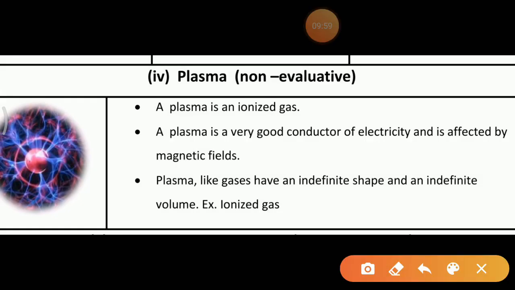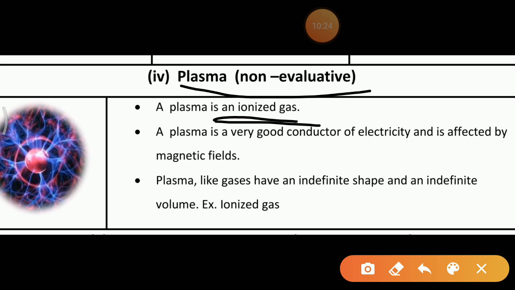Now we will study the fourth state of matter, that is plasma. The state plasma consists of super energetic and super excited particles. These particles are in the form of ionized gases. The fluorescent tube and neon sign bulbs consist of plasma.